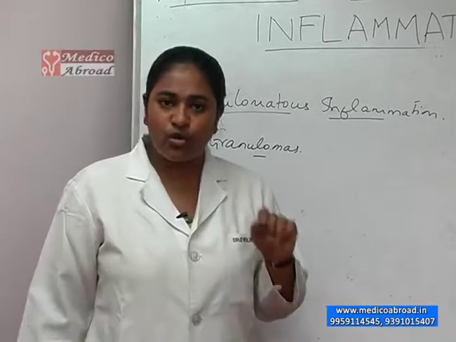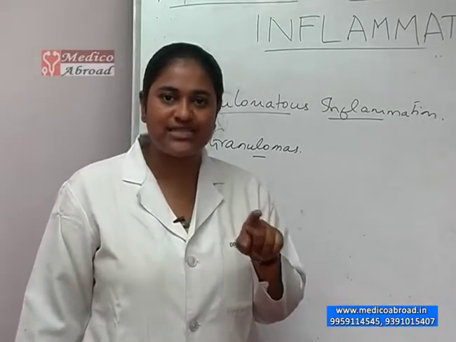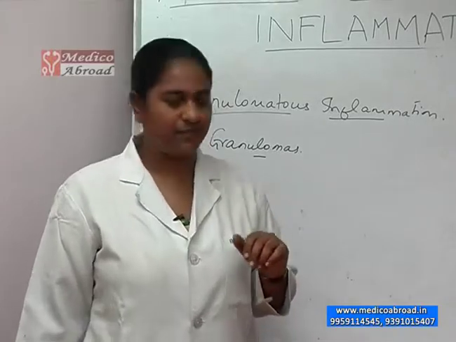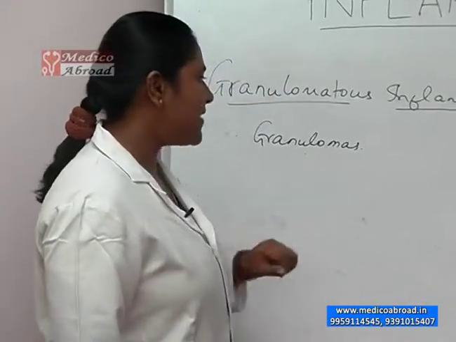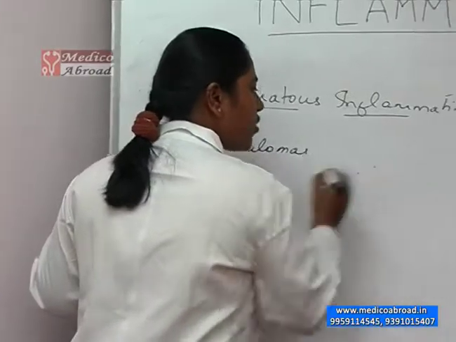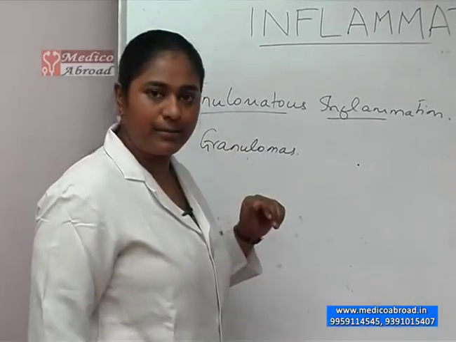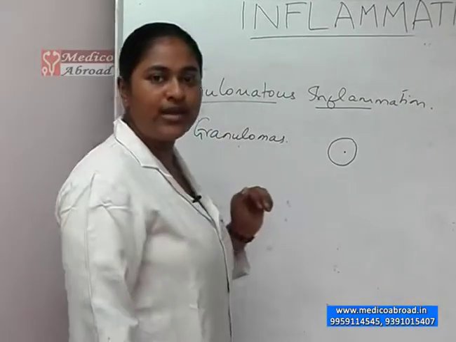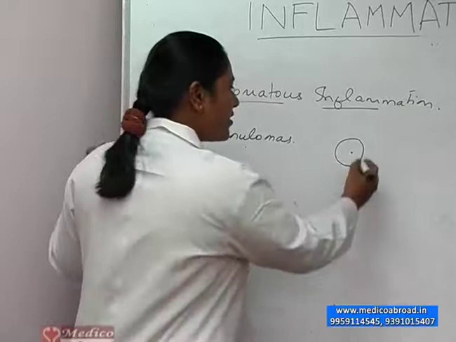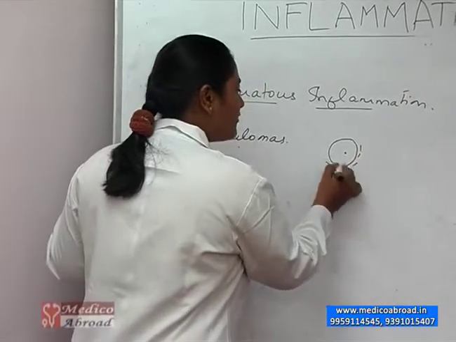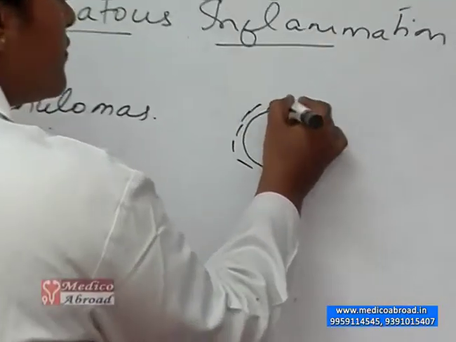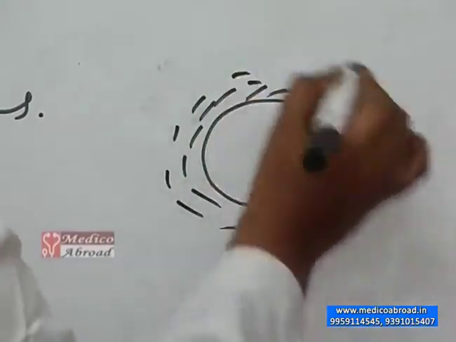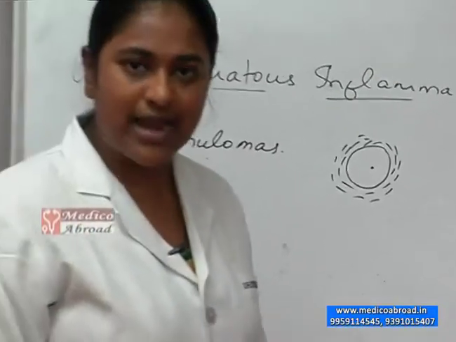These mononuclear leukocytes and the active macrophages inside take on the appearance of epithelioid cells. Granulomas have a focus of active macrophages surrounded by a collar of mononuclear leukocytes. Sometimes they may also have a band of fibrocytes surrounding them. This happens in long-standing granulomas.